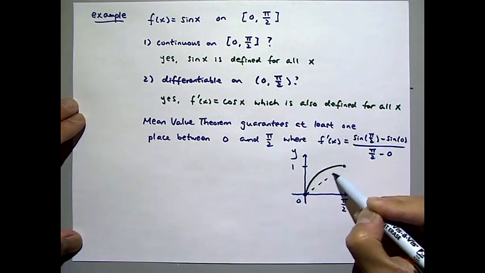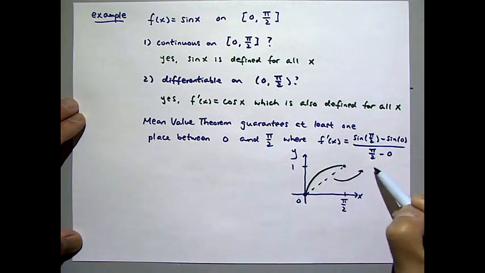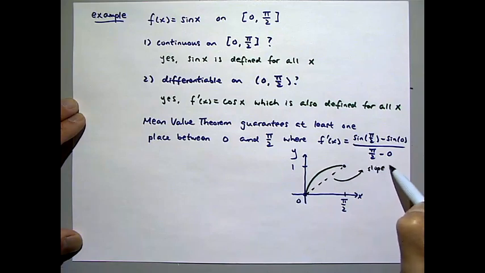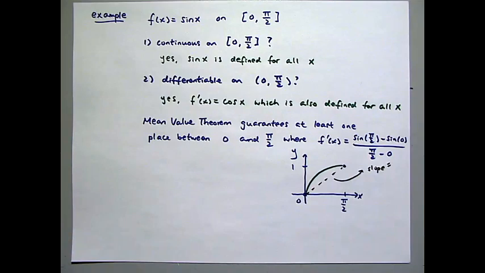And here's the secant line. And that thing has a slope equal to y2 minus y1 over x2 minus x1. Okay, so it guarantees at least one place.